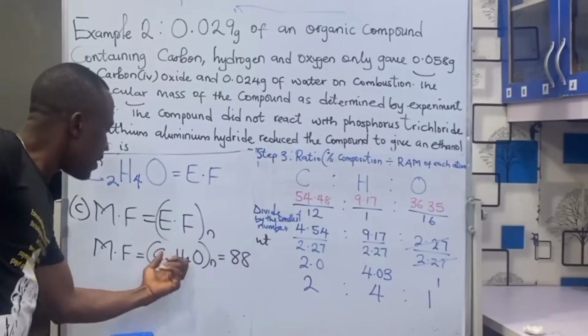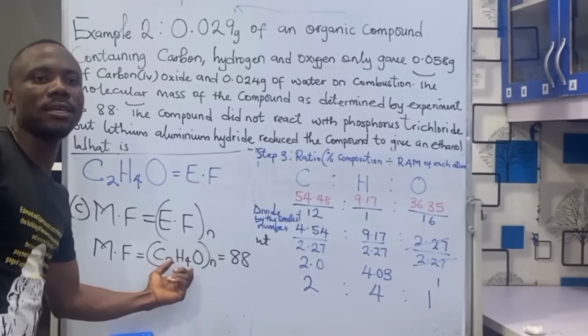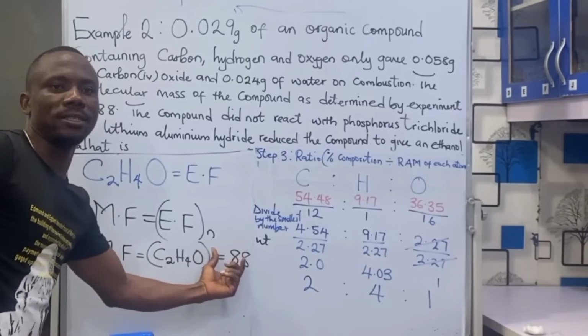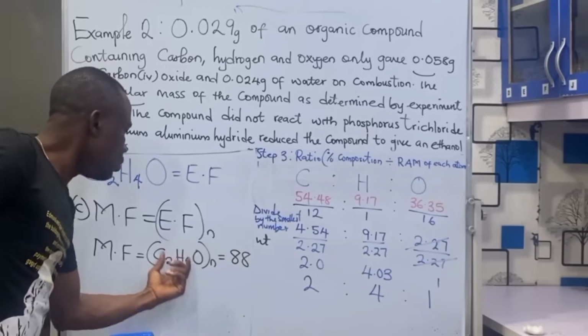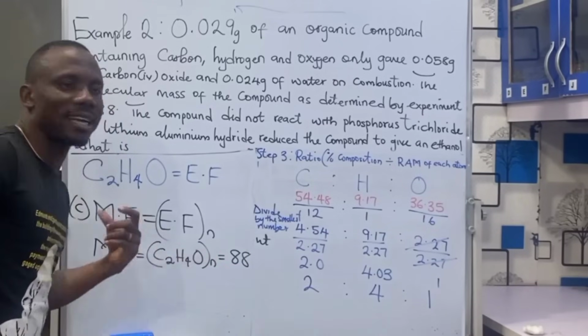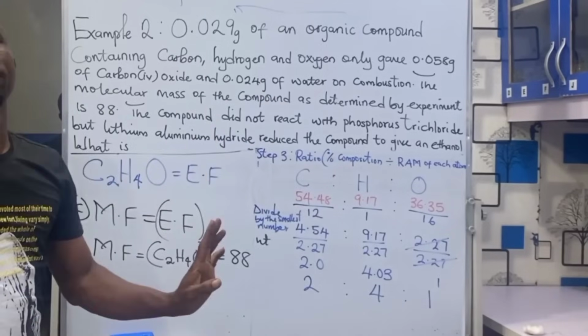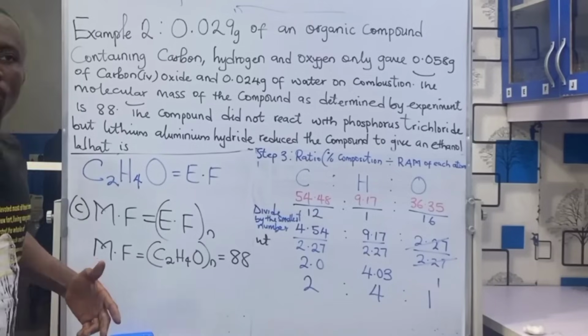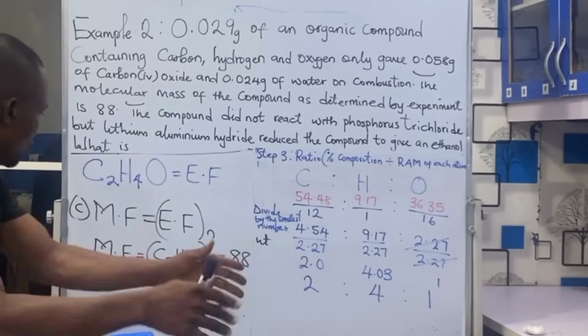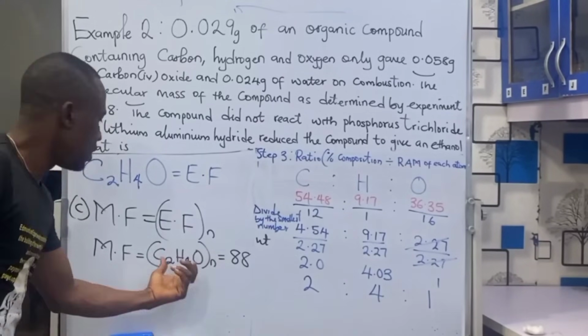So we need to find the empirical weight. This is the molecular weight. We need to find the empirical weight. The empirical weight can be determined from the empirical formula, and the molecular weight can be gotten from the molecular formula. So how do you get that? Since your empirical formula is known, you can get it there.